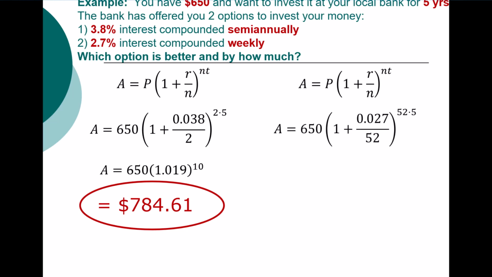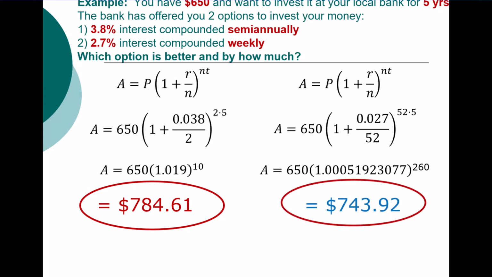We still have 5 years. So we're going to replace that formula with these new amounts, do the calculation, and we get $743.92.